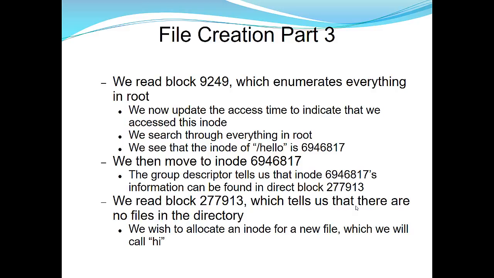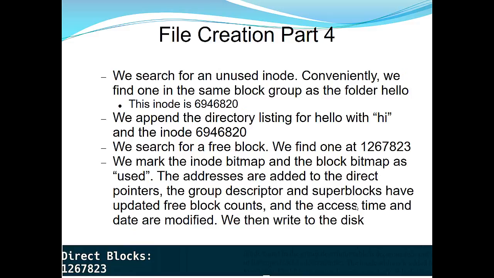So we wish to allocate an inode for a new file, which we will call hi. We search for an unused inode. Conveniently, we find one in the same block group as the folder hello. This inode is 694.6820. We append the directory listing for hello with hi and the inode 694.6820.